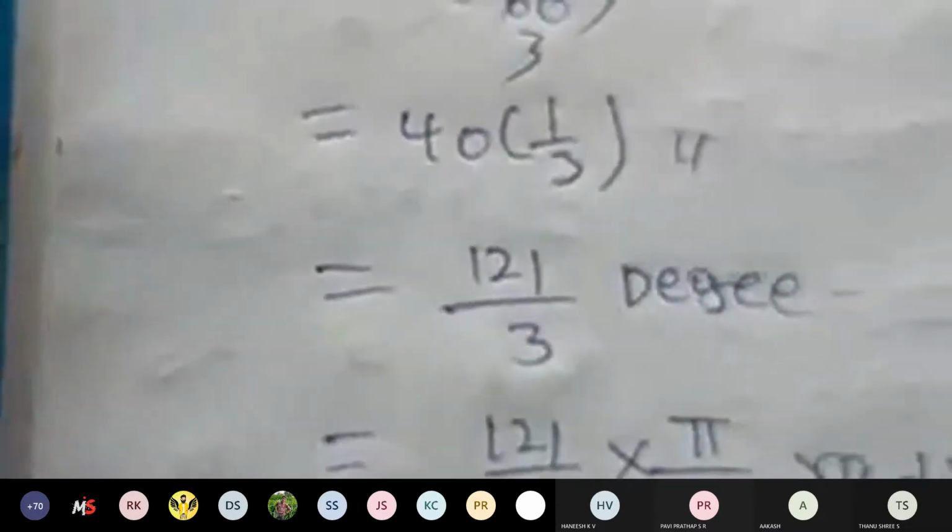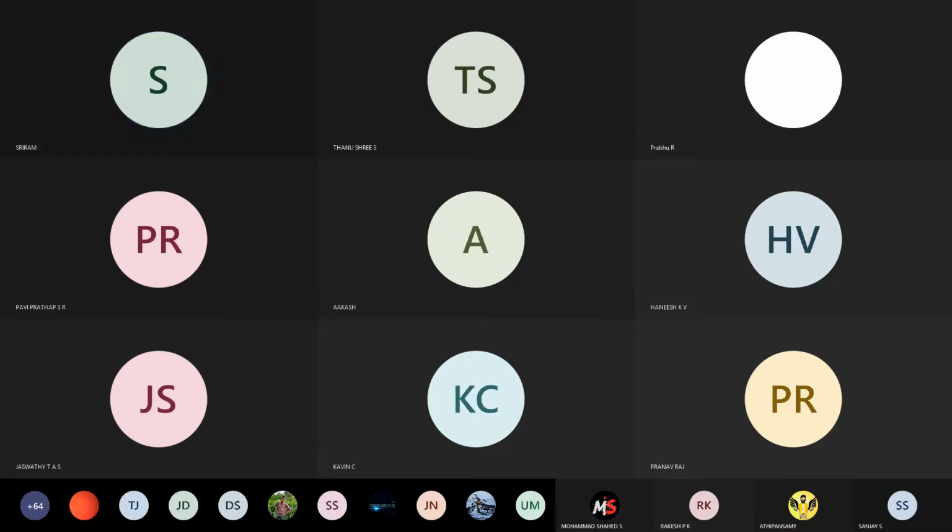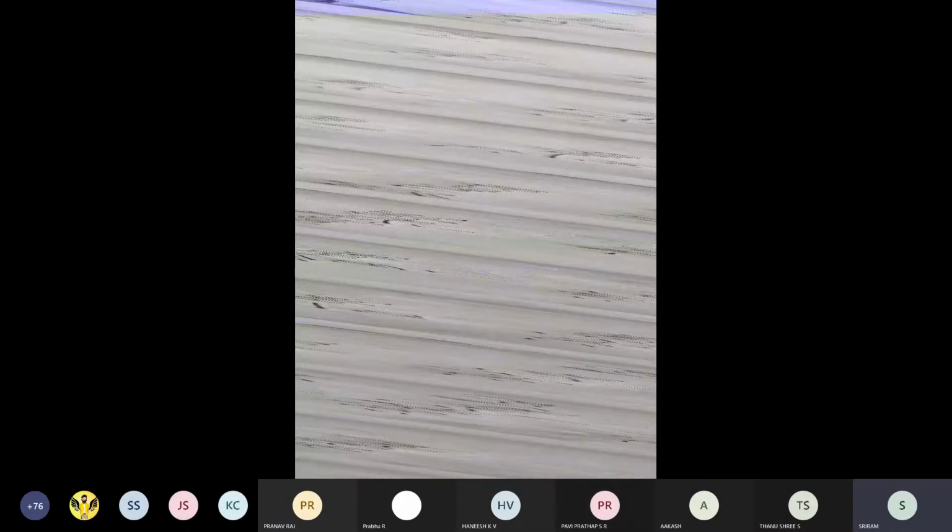We can multiply these two here. One minute, I will share the screen. See now here, this is the 40 degrees. You can convert it here. So wait.